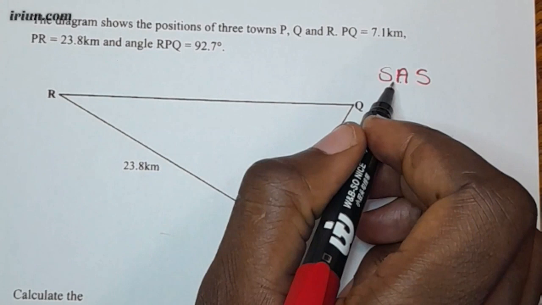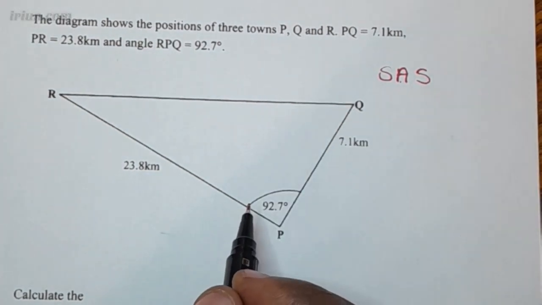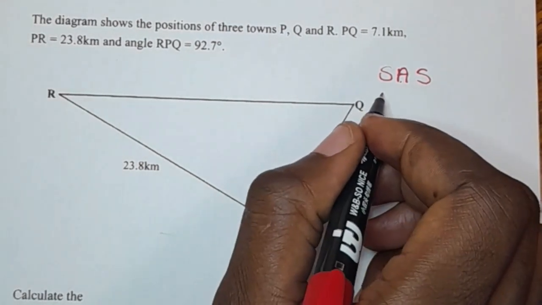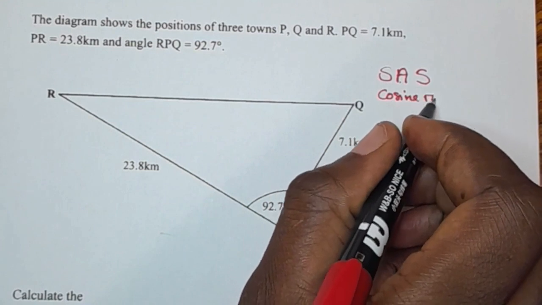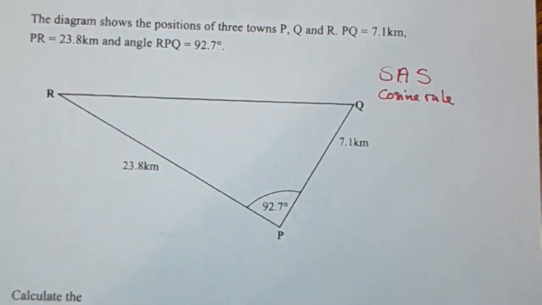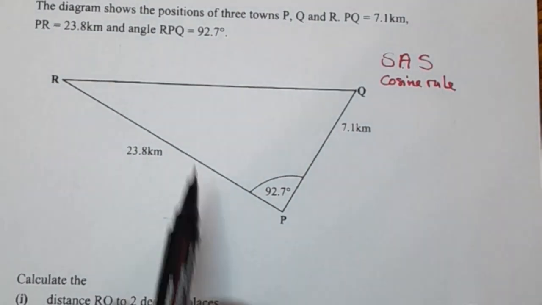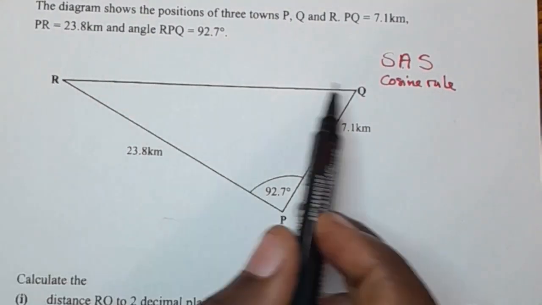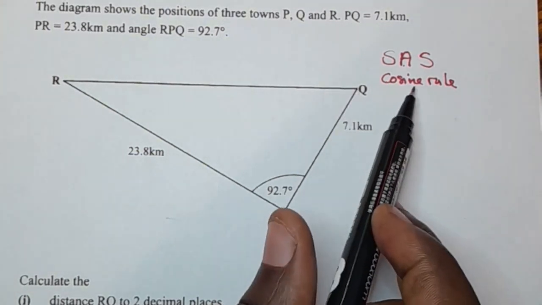Whenever you have a SAS situation, it means you are supposed to use the cosine rule. So to find RQ, we are supposed to use the cosine rule.